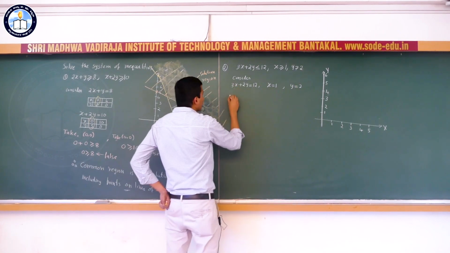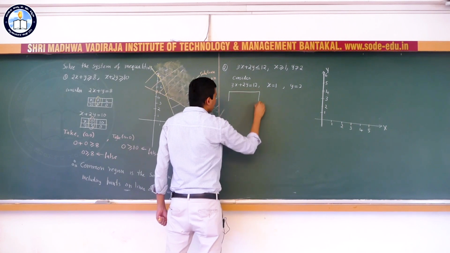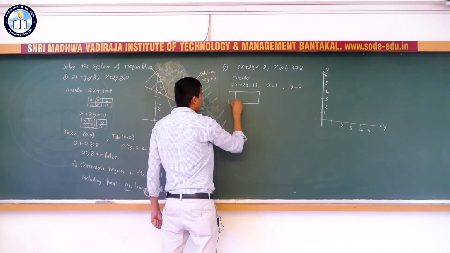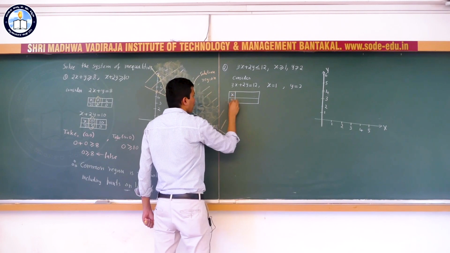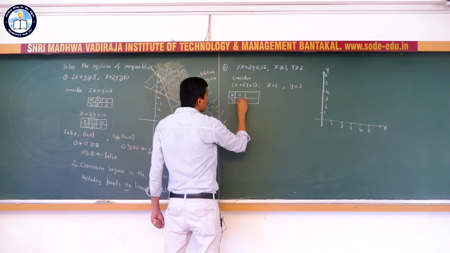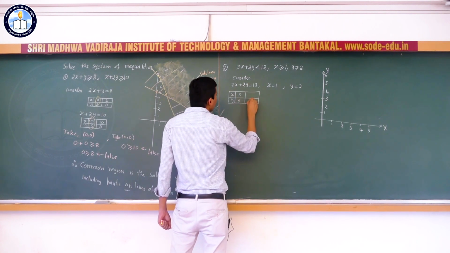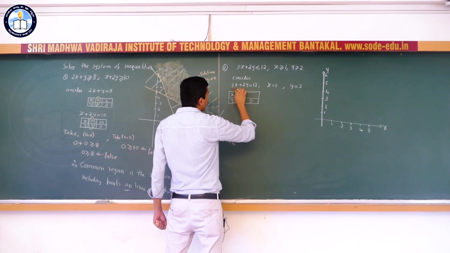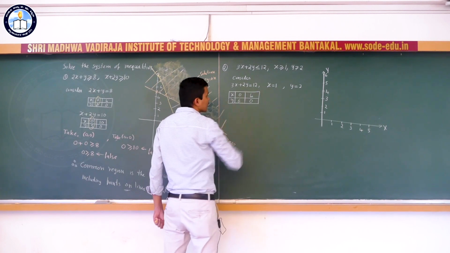I need to draw these lines. Here, if x is equal to 0, then y is equal to 6, and if y is equal to 0, in that case x is equal to 4.